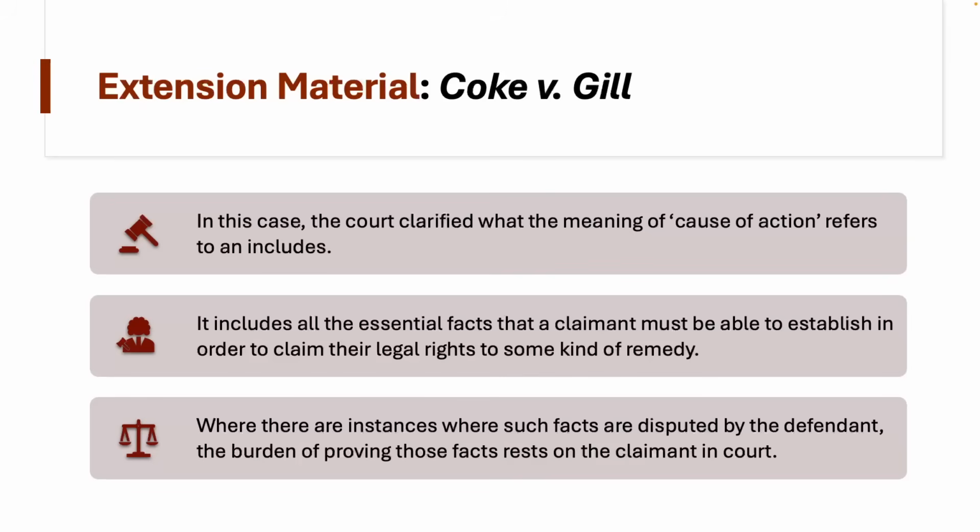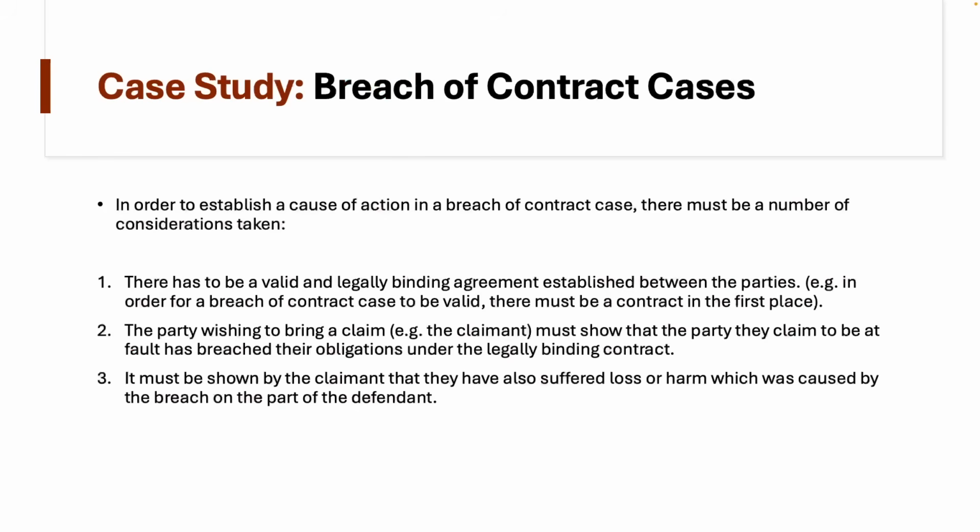They said that it includes all the essential facts that a claimant must be able to establish in order to claim their legal right to some kind of remedy. Where such facts are disputed by the defendant, the burden of proving those facts rests on the claimant in court. They are the one making the claim, and the burden of proof therefore rests on them to show that that claim is in fact true.